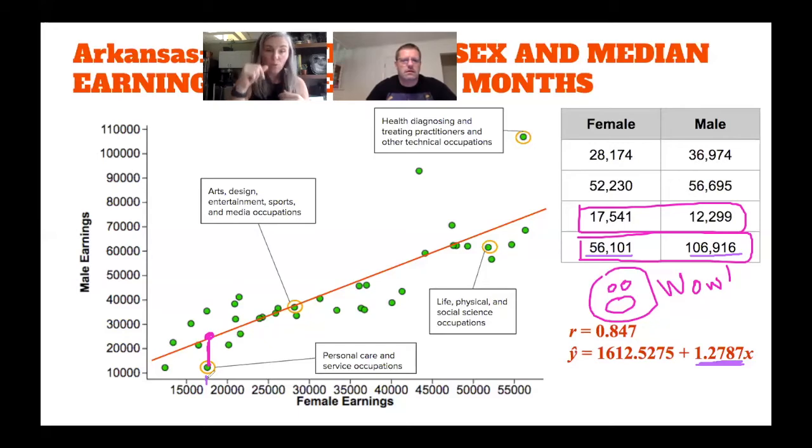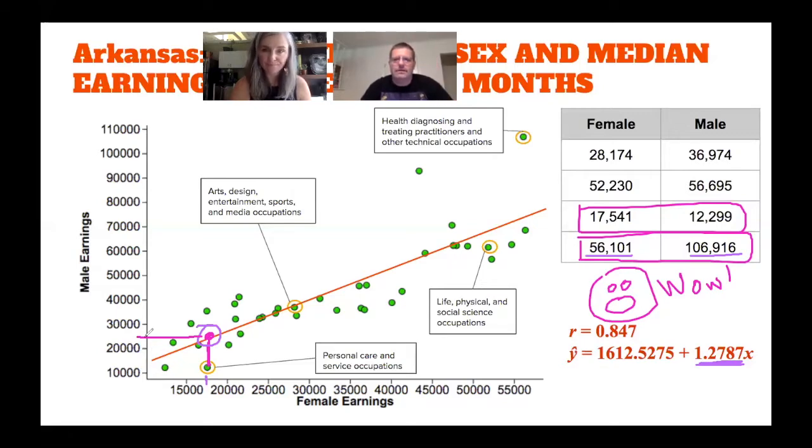If you look at what we would predict for it to be, that's this point right here on that vertical line, according to our model, even assuming the males make more, we would have expected males to make 24,000-ish. But they only make 12.3. So that case would have a negative residual, and I'm guessing at about negative 12,000.